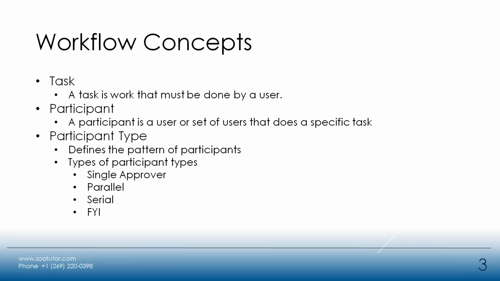And then FYI. FYI, as the name implies, is just a for your information participant type. You might have some scenarios wherein you just want to send a notification to a person. Let's say in your expense reporting system, whenever the amount is greater than 20,000, you want to send a notification to your director.